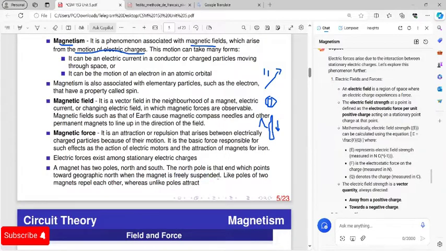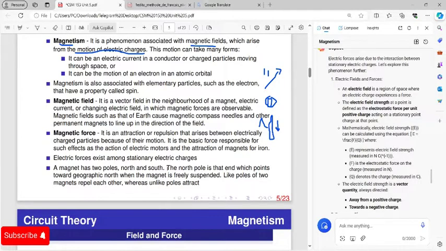Anytime we suspend a magnet freely in the air, not putting it on the ground, without any force against the magnet, the north pole points to the geographic north, like the north part of the earth. That's how compasses work. That's how they are able to tell where the north and the south are.